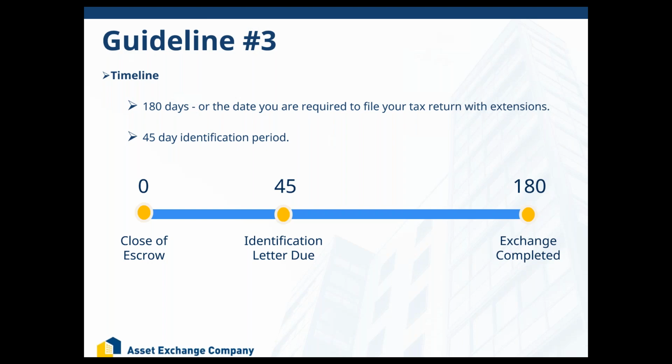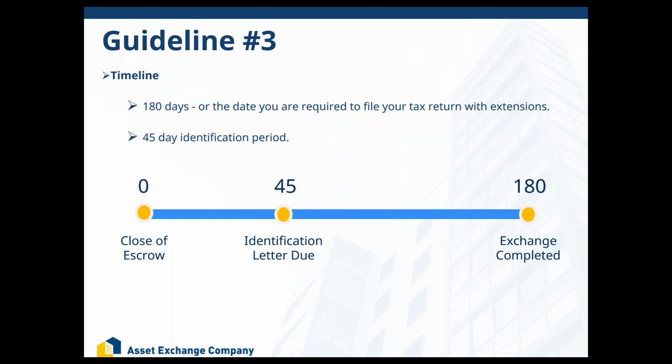If for some reason you're unable to purchase any of those properties that you put on that form by midnight of the 45th day, unfortunately, you're going to be paying all your taxes, right? If you're purchasing the property on day 181, you're paying all your taxes. If you don't identify any properties by midnight of the 45th day, you're going to be paying all your taxes, right? There is no exceptions after midnight of the 45th day.